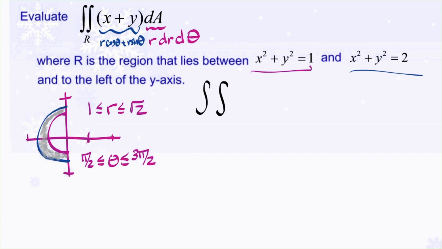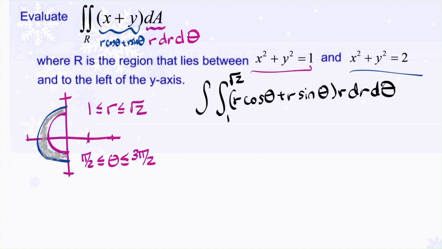It is the double integral of r cosine theta plus r sine theta, times r dr d theta. Since I have dr first, I need to put those boundaries on the inside. Theta, we have pi halves to 3 pi over 2. So there we have it. That's our integrand now converted to polar coordinates.